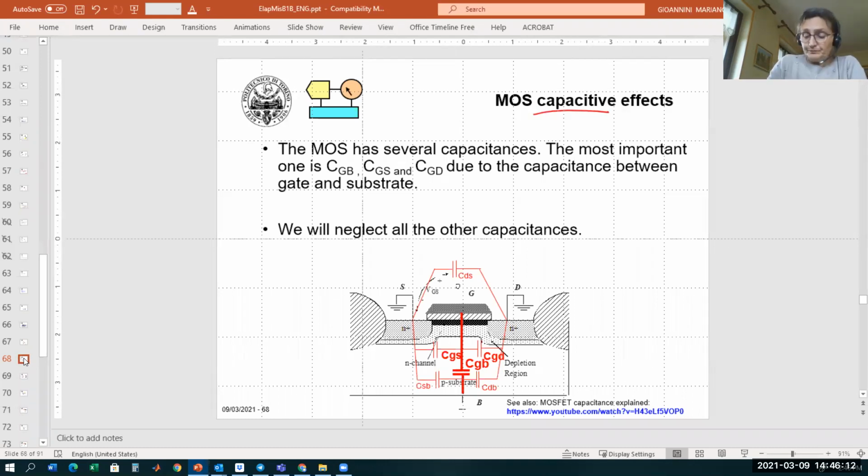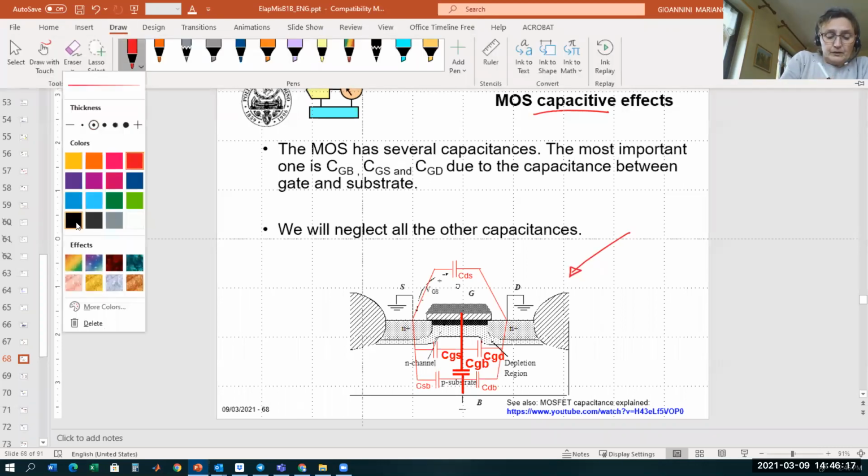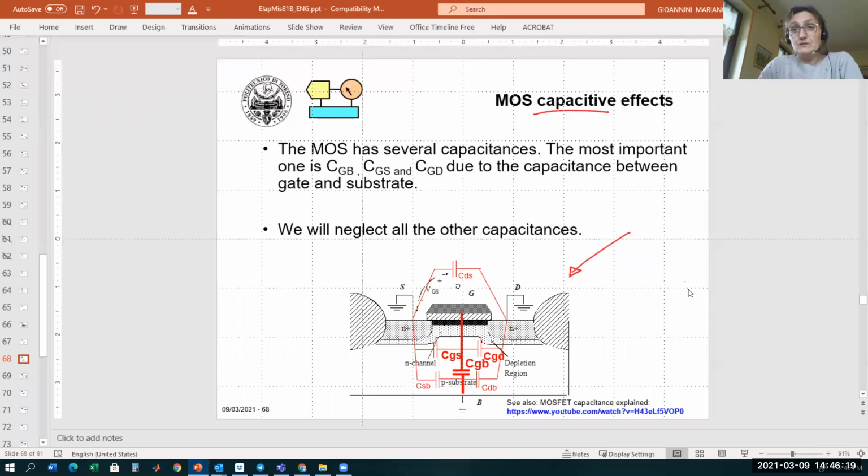In this figure, I'm showing you the various contributions to the capacitance. Why do we have so many capacitances? Because we have many interfaces where we have an accumulation of positive charges on one side and negative charges on the other side, separated by, for example, the oxide, which is an insulator.